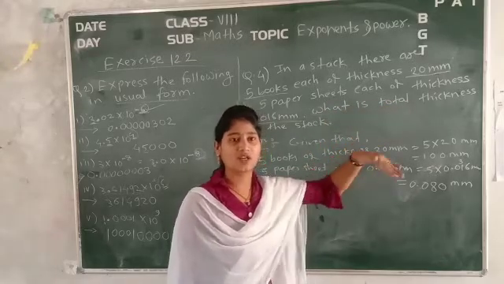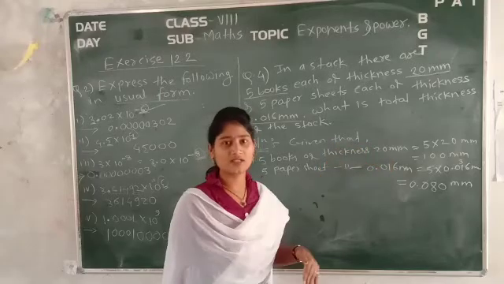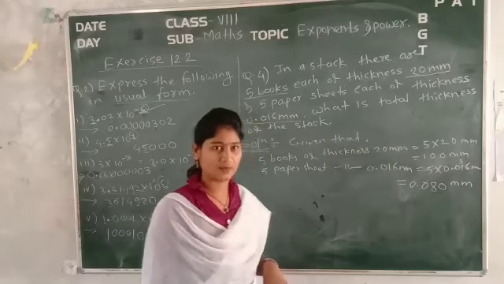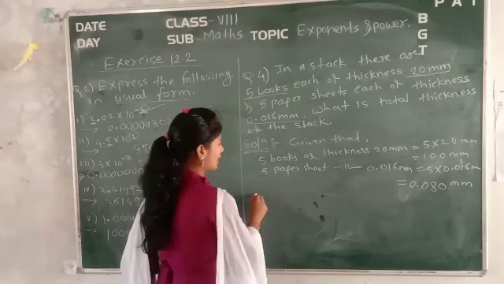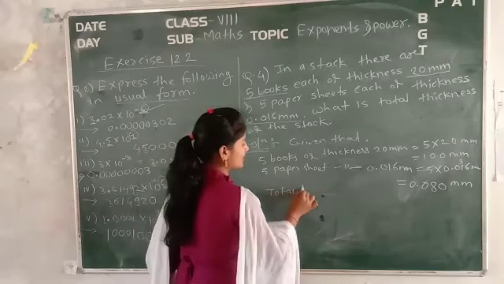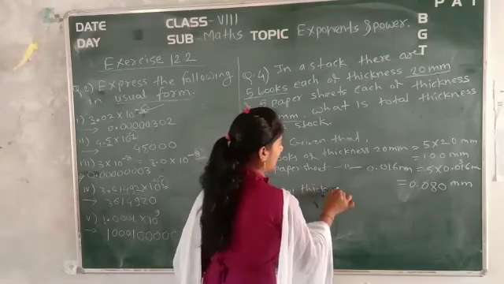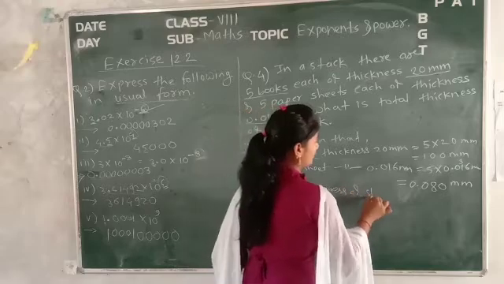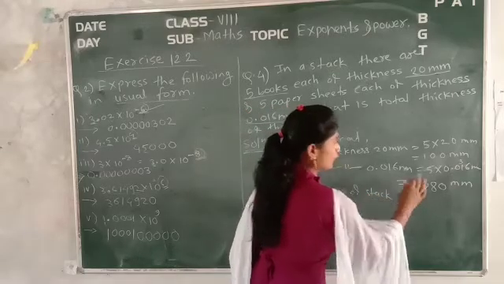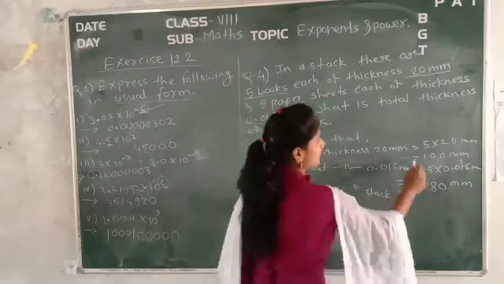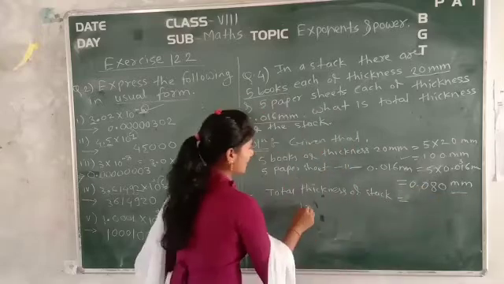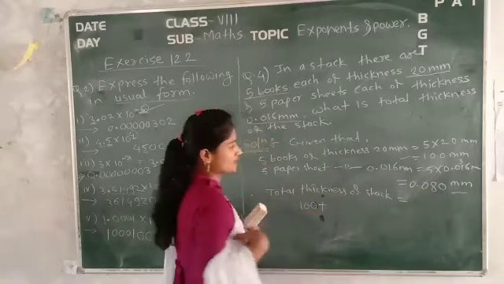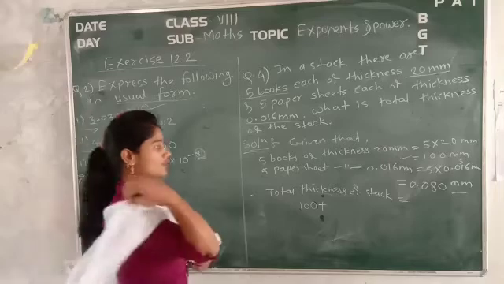It means we use the mathematical operator plus. For total we use the plus. Therefore write down the total thickness of the stack is equal to the total of this first one and this second one, that is 100 plus how much? 0.08.